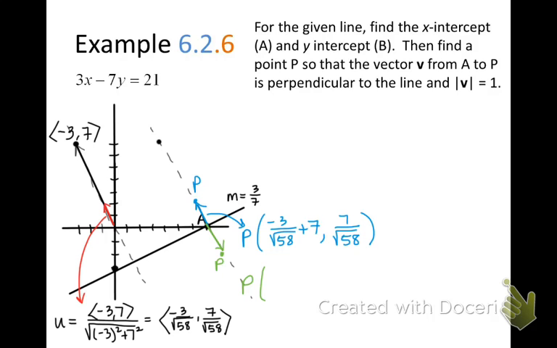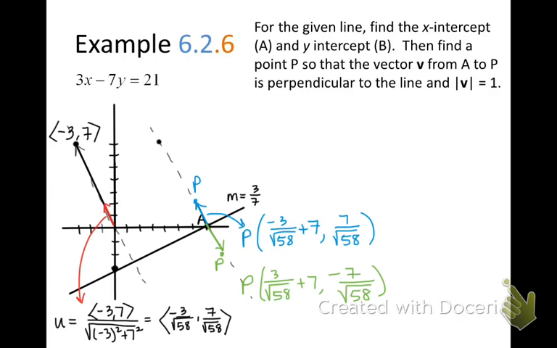What's the only thing that would change? Instead of starting at a -3, it'd be a positive 3 over the square root of 58, and then we'd be adding 7 to that still. And then what would be different about the y? It would be a negative. So basically you just switch the signs on the x and the y of the original point.